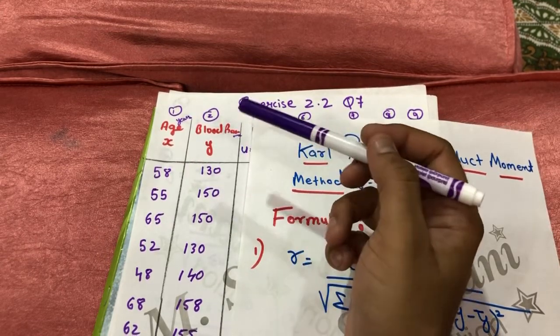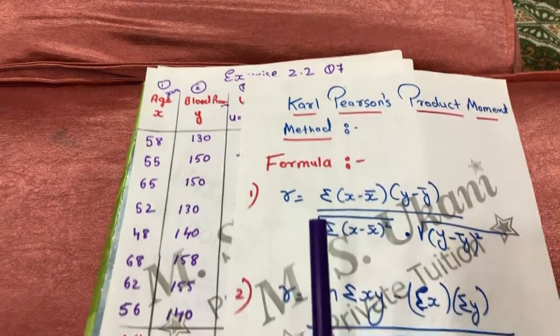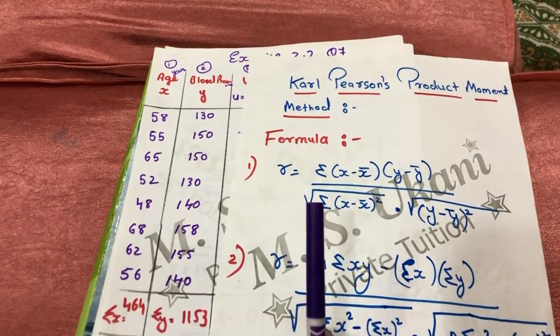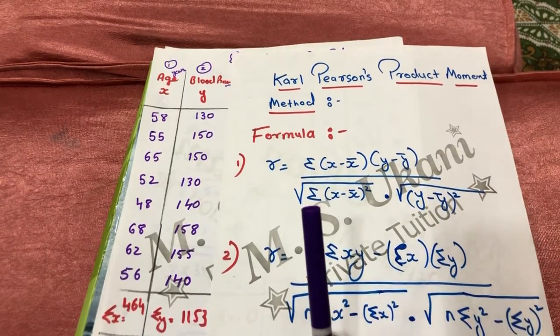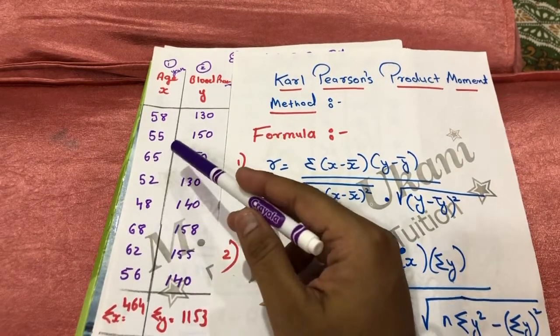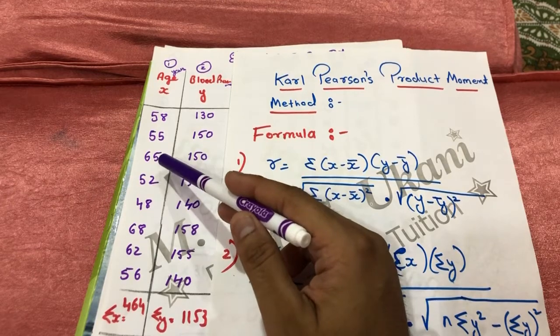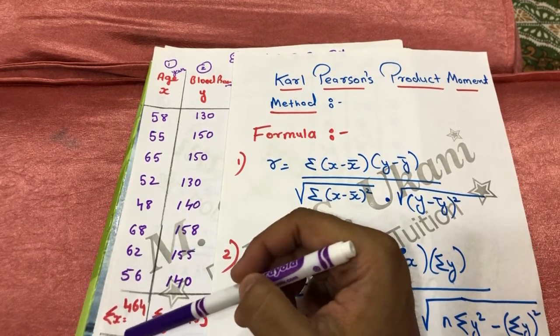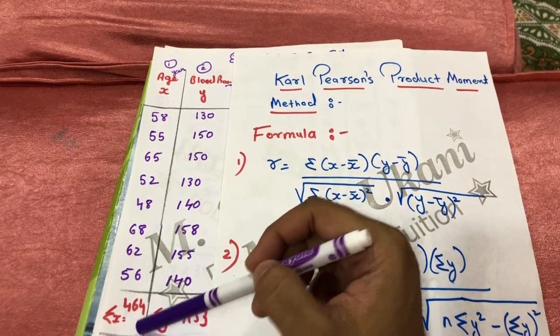So our first step, after writing these two columns, is to add both columns. Here I have already added the age X, and our answer is summation X, that is 464.